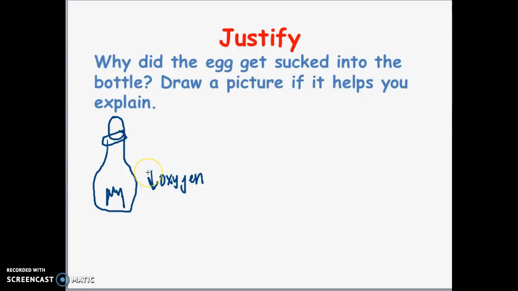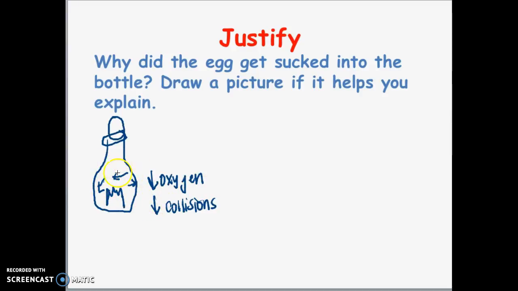And when the oxygen levels decrease, you have fewer collisions. So the particles are not colliding as much with the container because the oxygen is being used up.